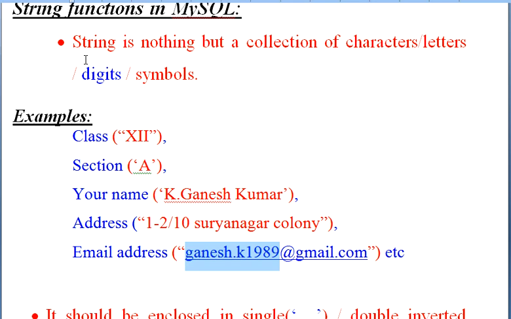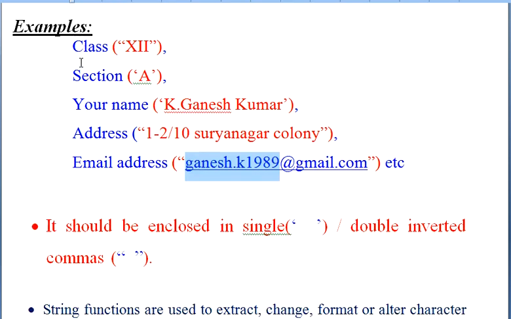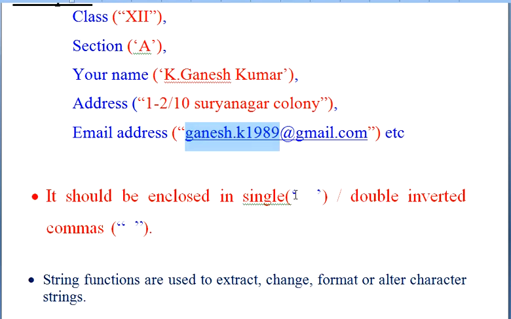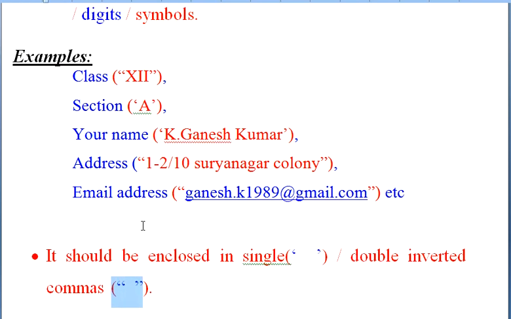But how do we define a string in our programming? The system identifies a string with a special symbol called inverted quotes. Whatever you enclose within the inverted quotes will be treated as a string. MySQL supports both types of quotes. You can use a single inverted comma or a double inverted comma to specify a string in MySQL. In the previous example, you might have noticed, I defined class 12 in double inverted quotes.